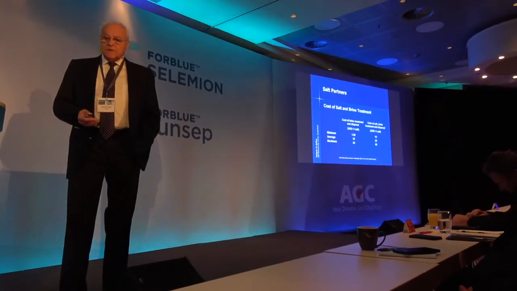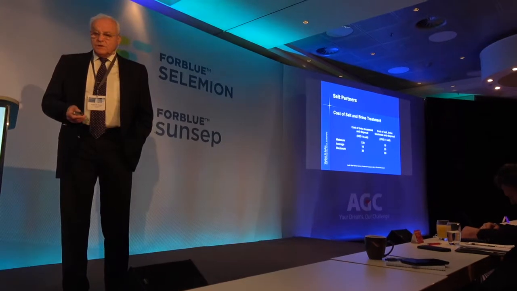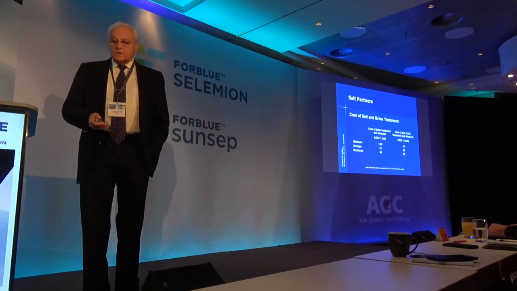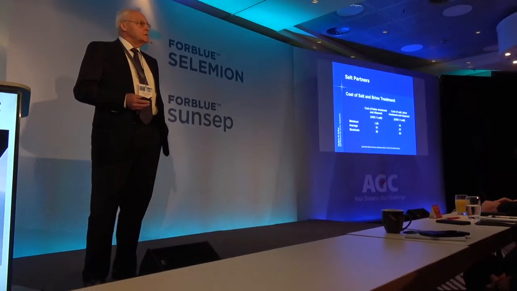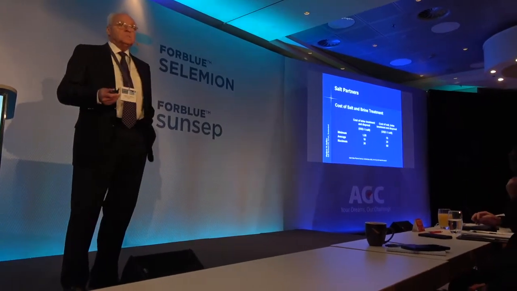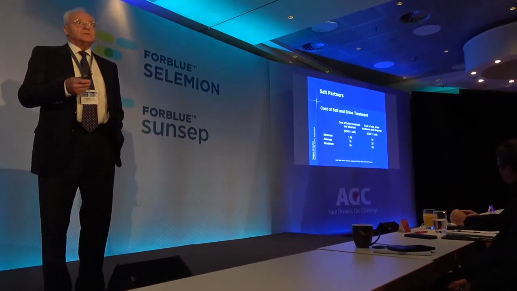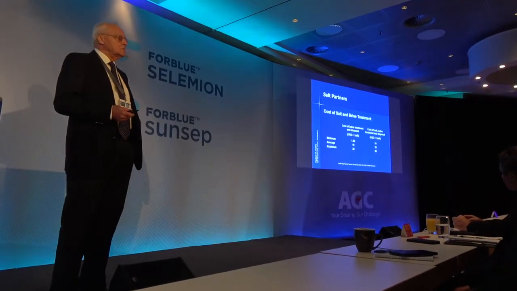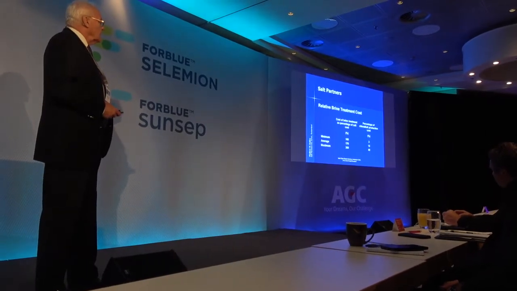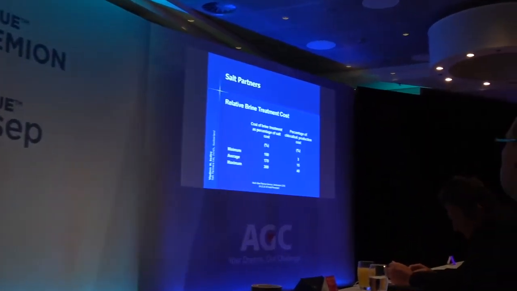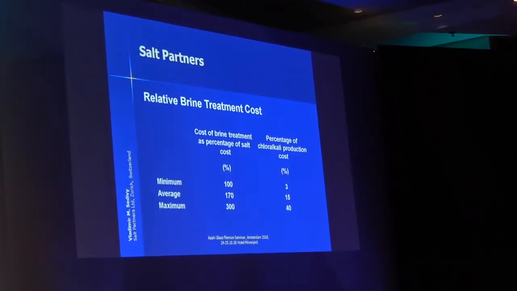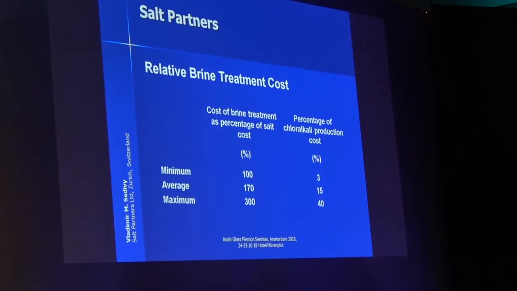On the other hand, the cost of salt and brine treatment and disposal can vary between some $10 per ton up to about $60 per ton for the best quality of salt. What does it mean? That means that some averages are insignificant. You have to take a look always at the specific situation. Relative brine treatment cost, there you can see the same very large differences in the cost factors.